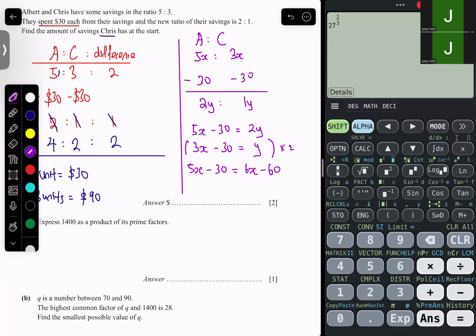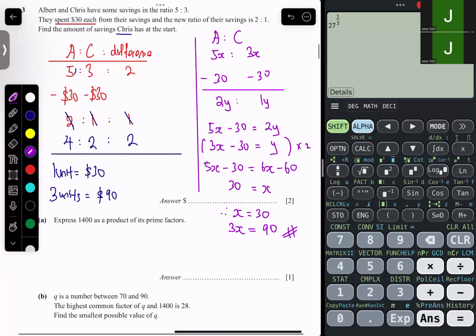Bring the 5x to the right-hand side, and bring the negative 60 to the left-hand side. I will have x equals 30. So therefore, x equals 30. Chris at the start, 3x, will be equal to 90. We still get the answer by using simultaneous equations.